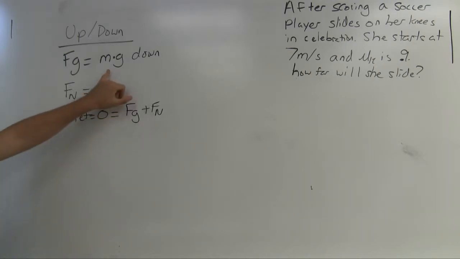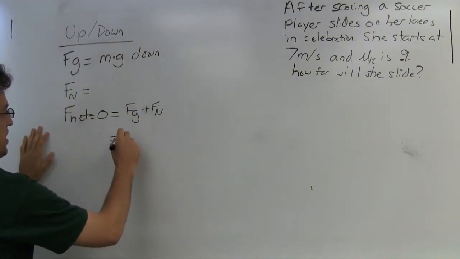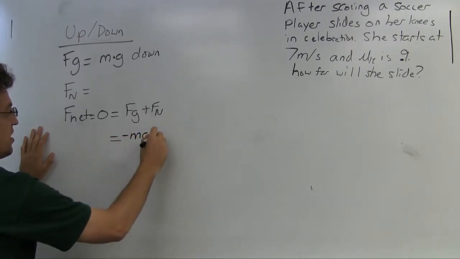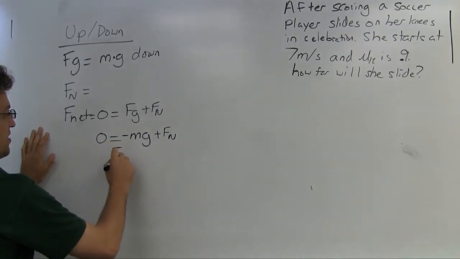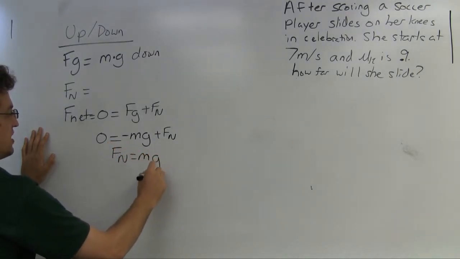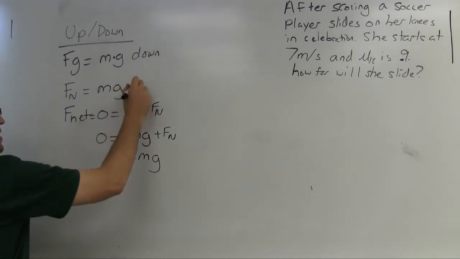We're going to make Mg, down, negative. So this becomes negative Mg plus Fn, which means that Fn is equal to Mg, and it's going to be up.